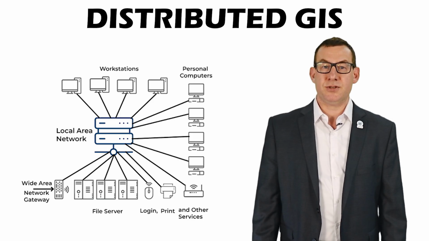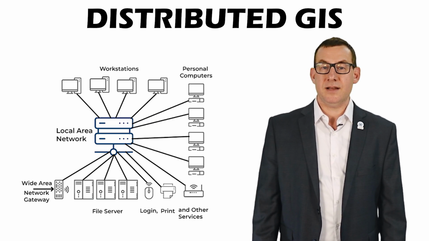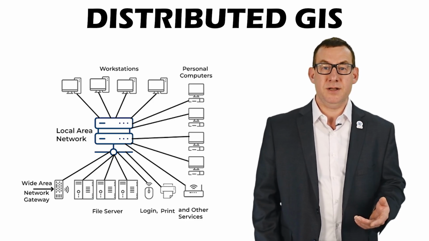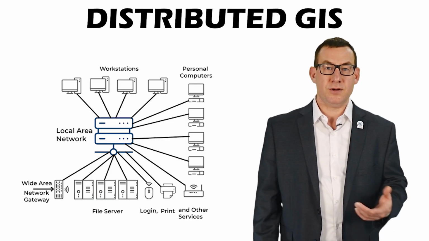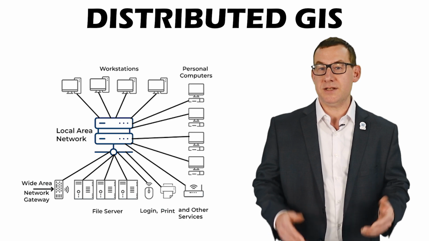Now let's discuss distributed GIS architecture. Distributed GIS describes systems where processing, data storage, rendering, and user interfaces are spread across multiple machines or geographic locations.